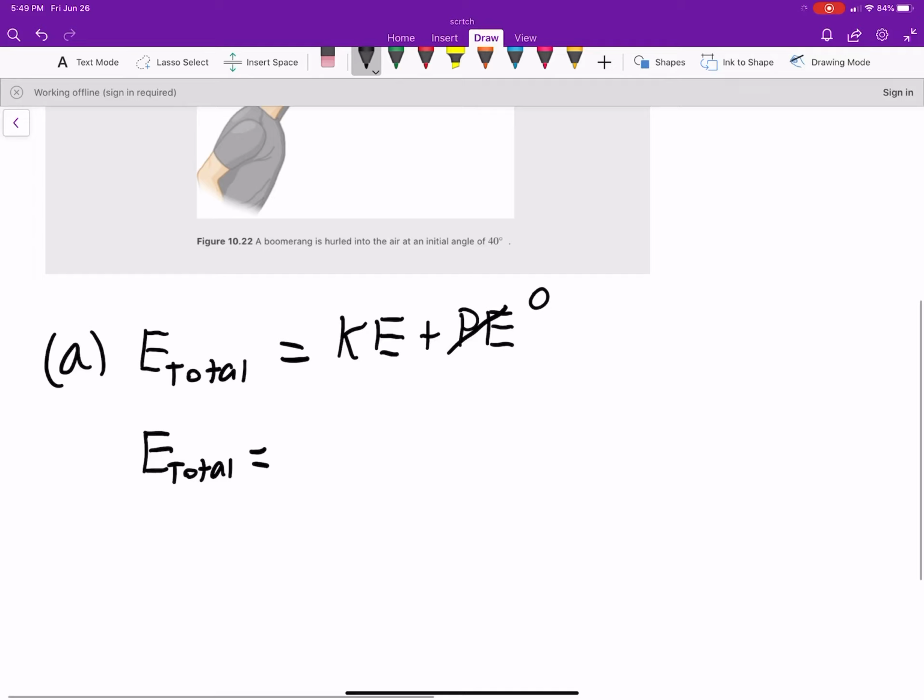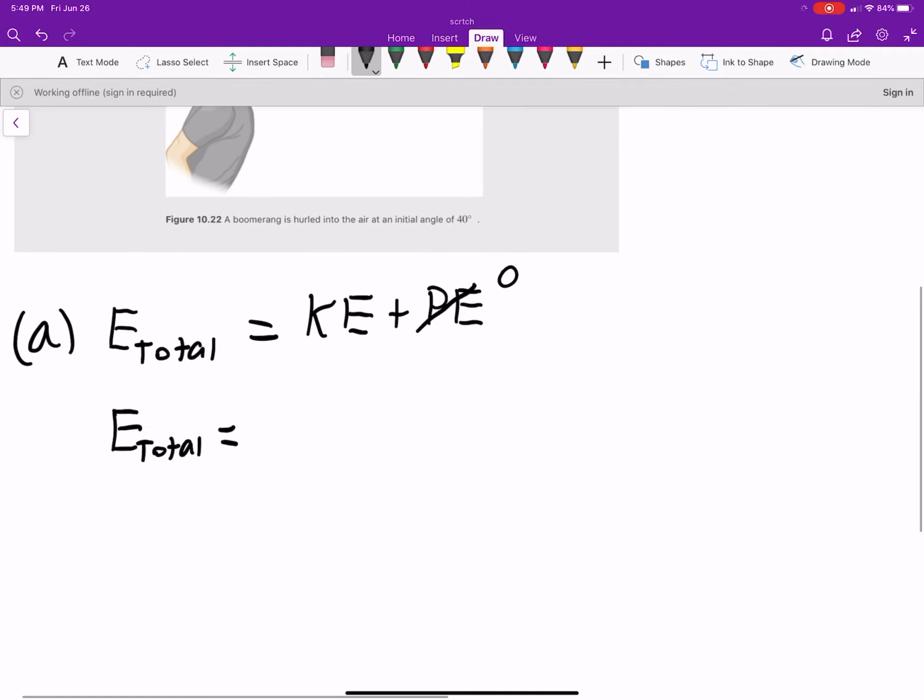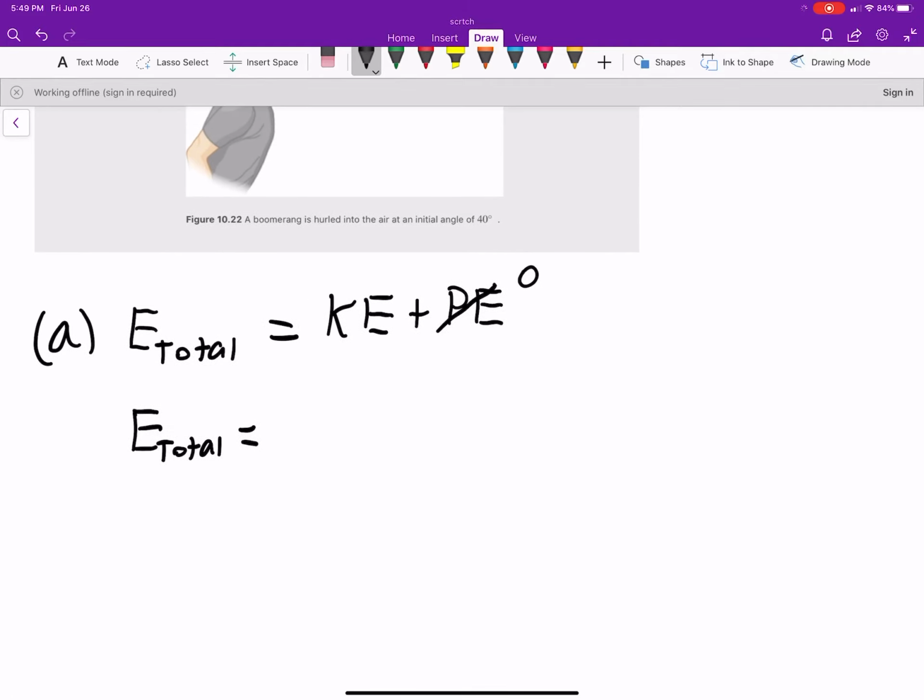So the total energy is our kinetic energy, and there's two types of kinetic energy. There's translational kinetic energy, which is your energy of motion. You're moving. But there's also rotational kinetic energy, which this boomerang is rotating, so it has that.